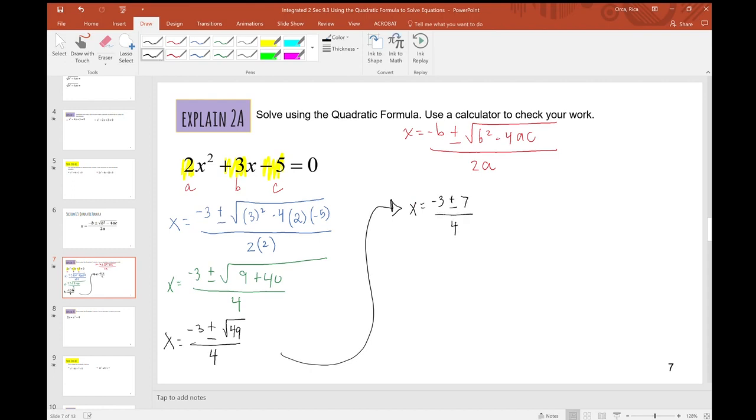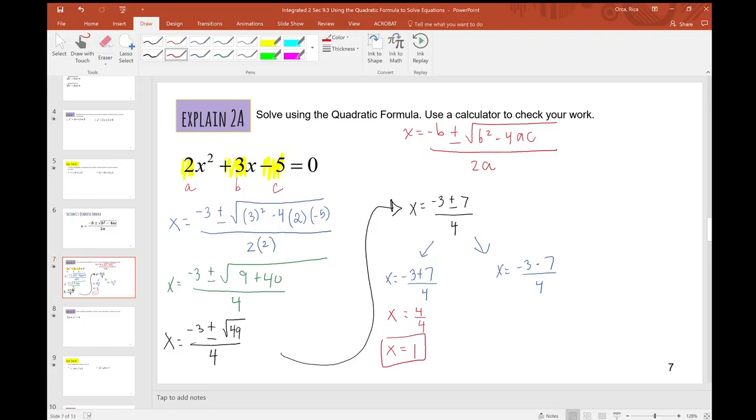Now we need to split this up. So we have x equals negative 3 plus 7 over 4, and we also have x equals negative 3 minus 7 over 4. Negative 3 plus 7 is 4 over 4, and 4 over 4 is 1.